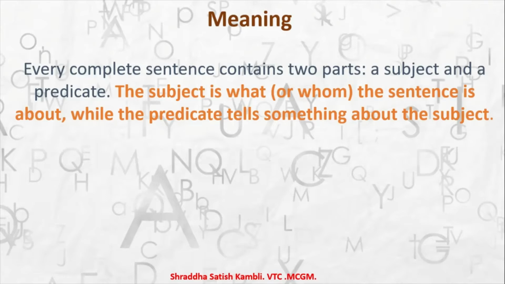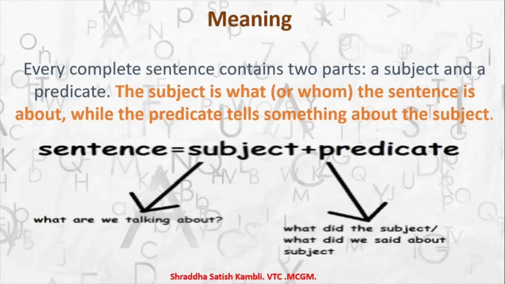So most of the times if you see, the subject is a noun. Okay, and the part of the sentence which tells you what is special about the subject or what the subject is doing, that part of the sentence is called the predicate. Okay, so I hope you understand what the meaning of a subject and a predicate is.